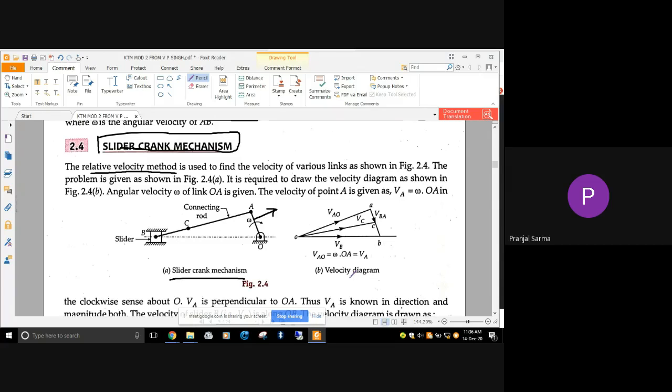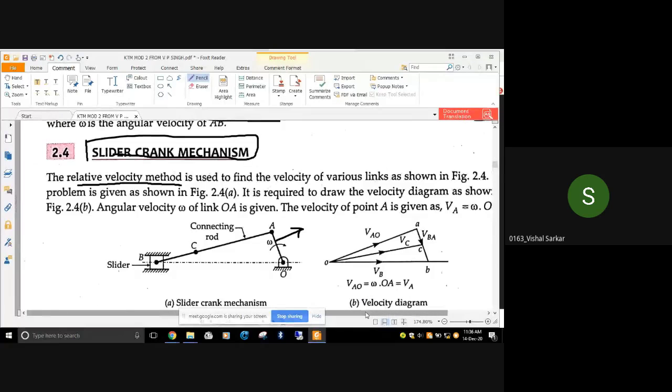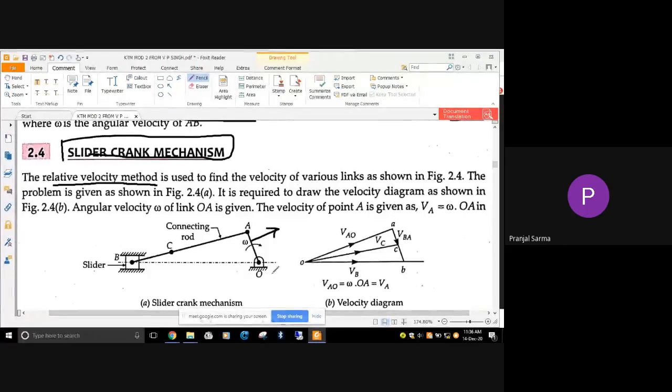Now, who will tell me what are the different links? Sir, AO, AB, that connecting rod, then slider, and then hinge joint. Hinge joint is not a link. What is this: crank, connecting rod, and the slider?